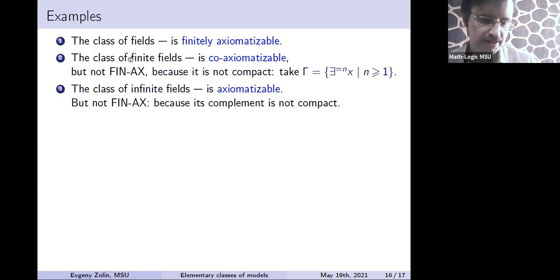It contains all finite fields, and it also contains structures in the signature of multiplication and addition that are not fields at all, that don't satisfy some axioms of field. So the class of infinite fields, its complement is not compact.